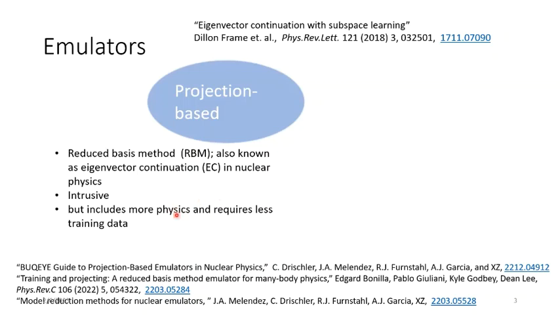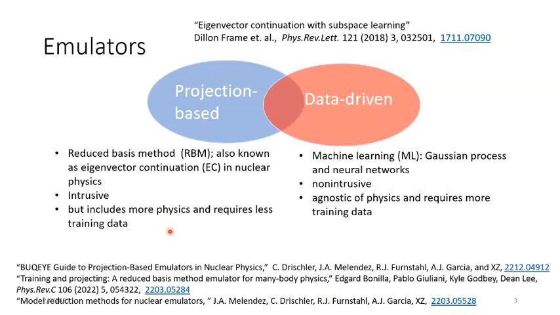And exactly because of that, the emulator itself has a lot of physics built in, so in general it tends to require less training data and has more robust extrapolation capability as compared to the next one, the data-driven ones.